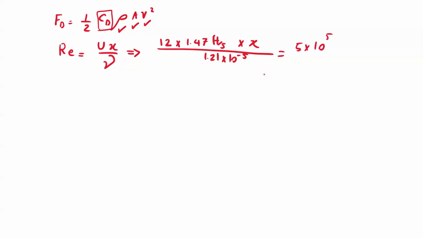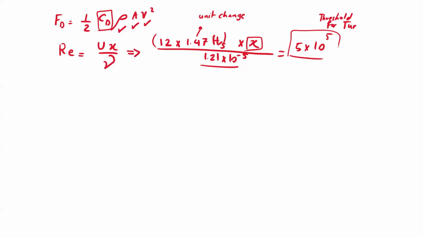Should be 5, I think. What are these numbers? This is unit change from meter per hour to feet per second. You should multiply the number by this. This is nu, which we have already. I'm going to find x, and this is the threshold for turbulent.